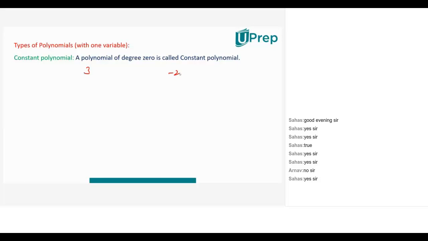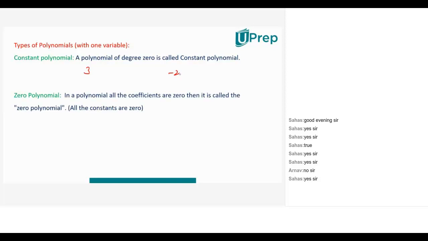Now understand my question. Does every single term represent a constant polynomial? No, sir. No? Tell me a term which is not a constant polynomial.